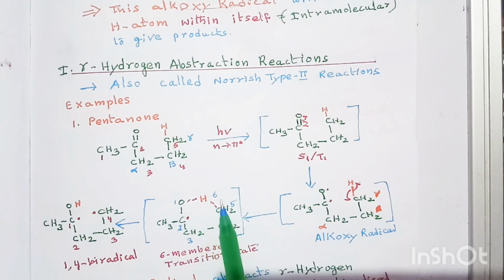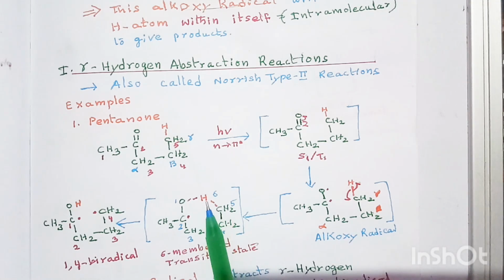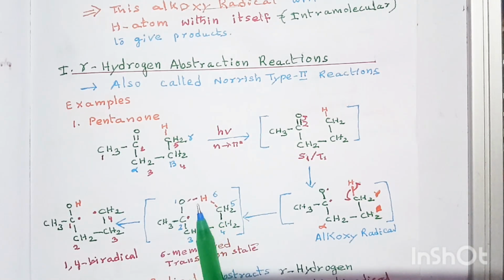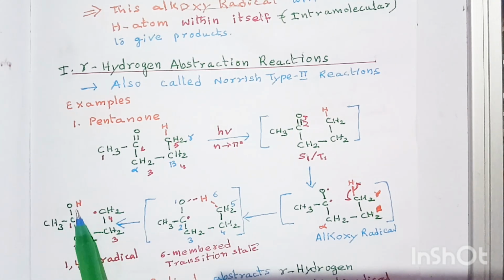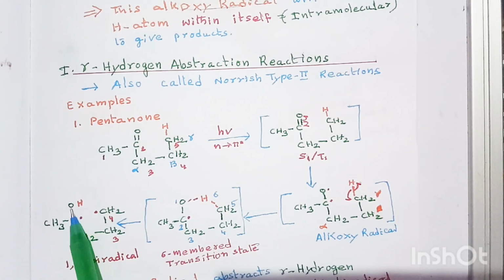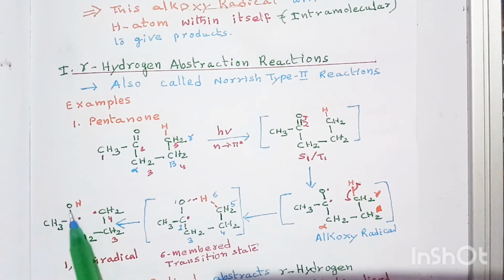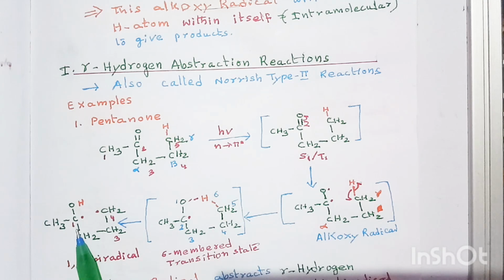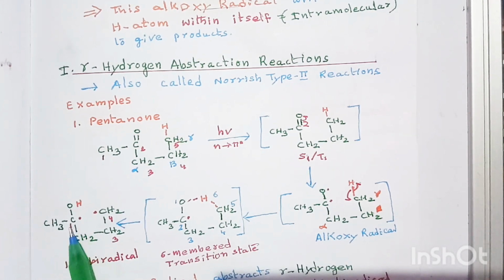Then the bond between gamma hydrogen and gamma carbon atom cleaves completely, and the oxygen abstracts this gamma hydrogen totally. As a result of which we get 1,4 biradical. This is the first carbon atom 1 with the radical, 2, 3, 4.